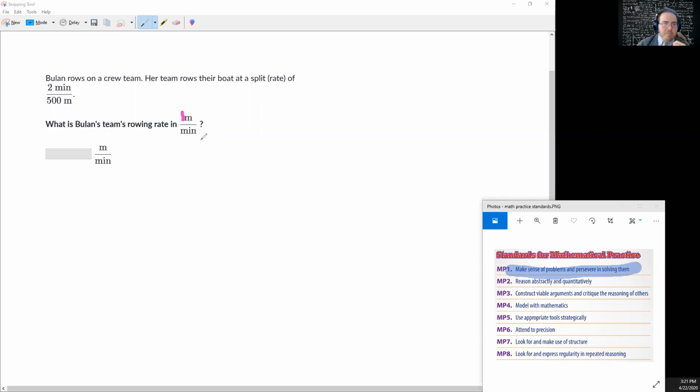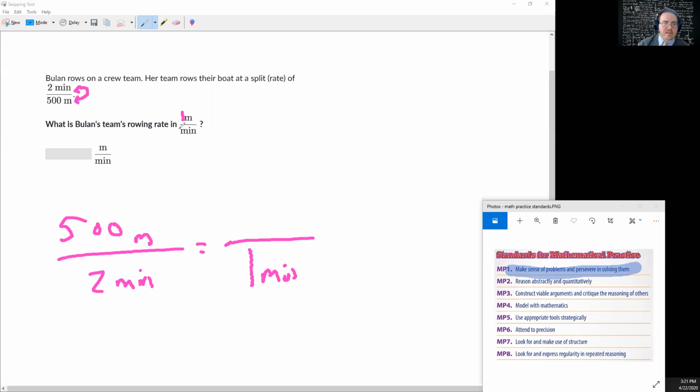Okay, so they want this to be in meters per minute. This is written as a proportion, a part-to-part proportion, so we can just rewrite this as 500 meters every 2 minutes. And they just want this to be reduced to 1 minute.